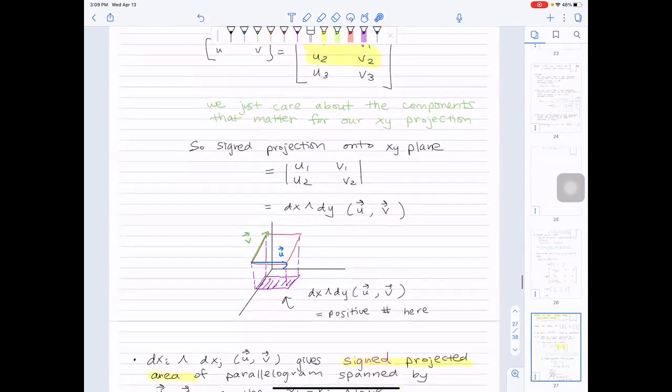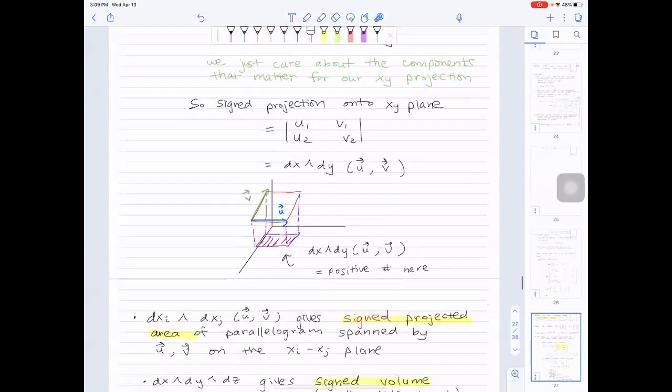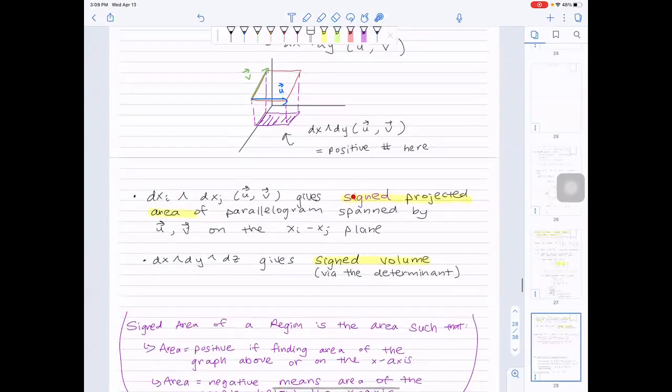And what is it pictorially? If you have these 2 vectors, like this u vector and this green v vector, we project them onto the xy plane to get this purple shaded region. And that's going to be our projected area onto the xy plane. And what do I mean by signed projected area? Signed just means that if we're on or above the x-axis, it's going to be a positive area.